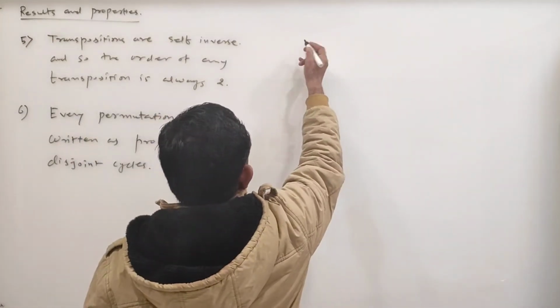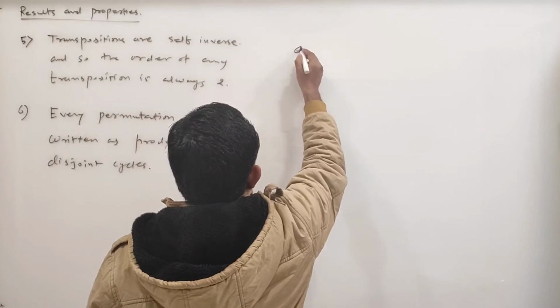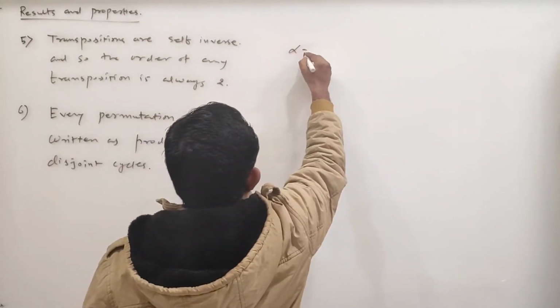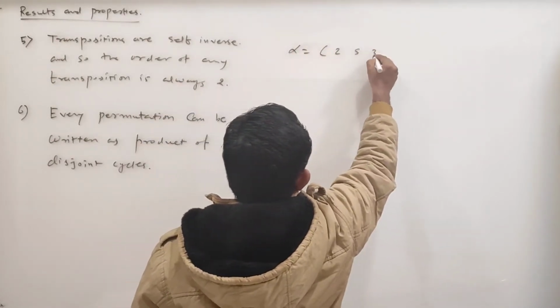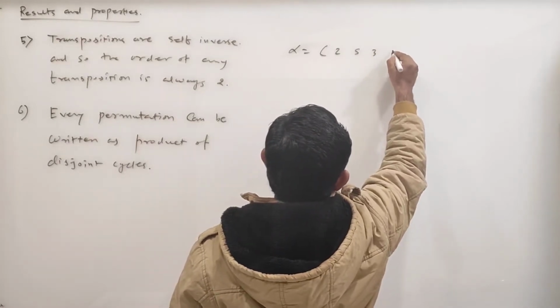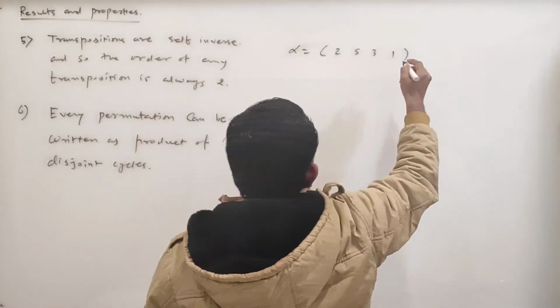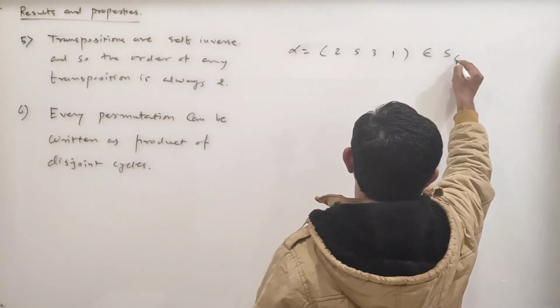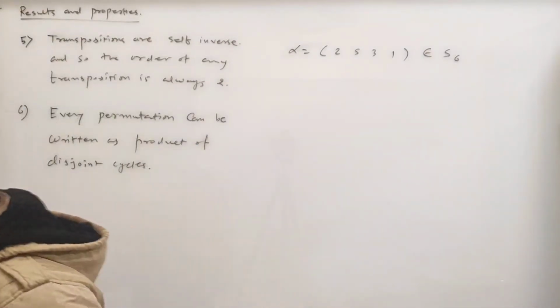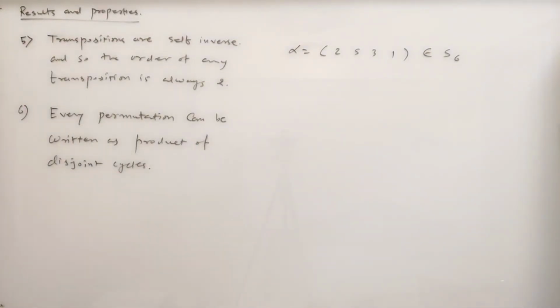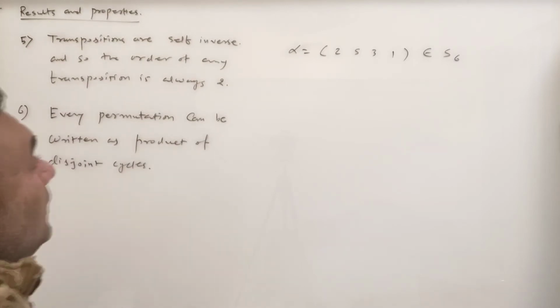So you consider, say, alpha. Alpha is equal to (2 5 3 1), which belongs to, say, S6. In S6 I took an element, a cycle, of length 4. Okay.